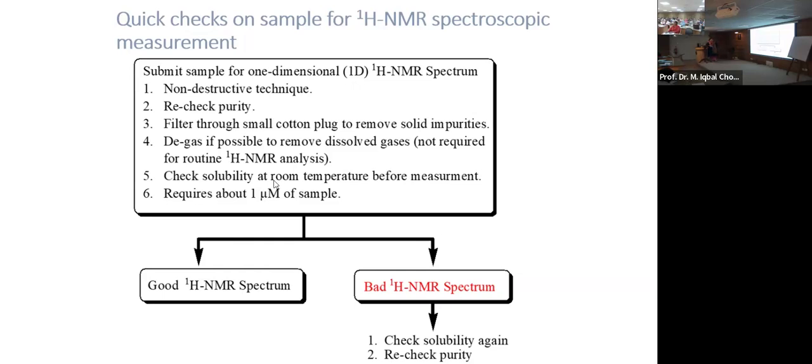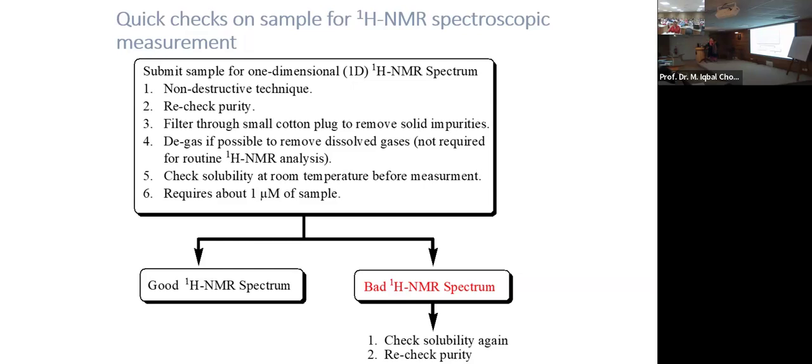So we need to check the solubility at room temperature, and 1 micromolar of the sample is required. Proton NMR is the most sensitive one; we are happy that proton is the most sensitive nucleus, so you can easily get it. For other nuclei, like C13, the proton NMR spectrum is finished in 2 or 3 minutes.